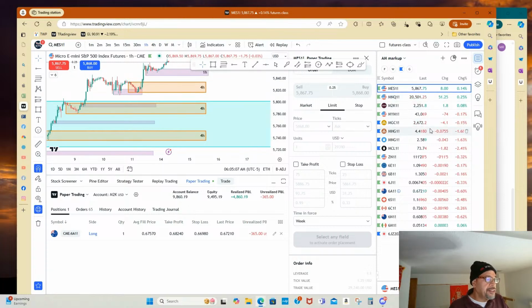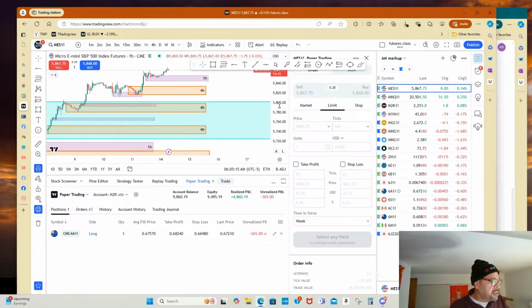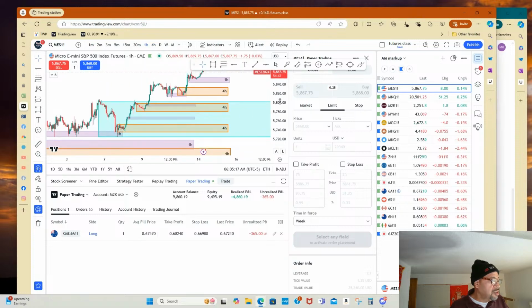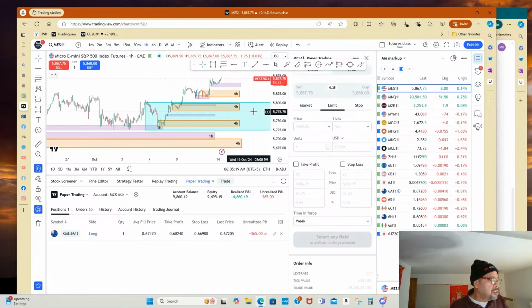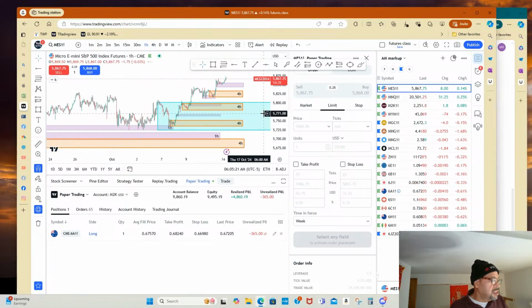On the list that I have, this is my markup. This is my theory. I'm going to ask them about this during class today to make sure that I'm not doing something that's not going to work.